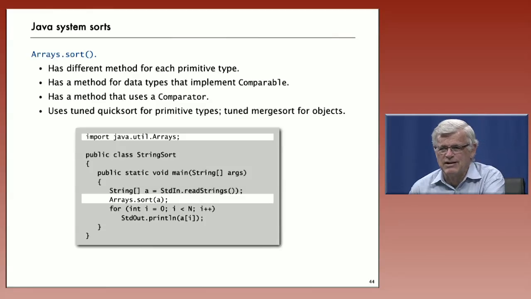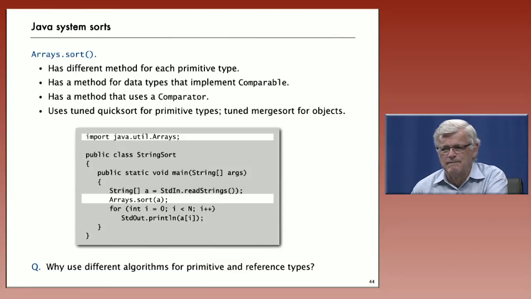To invoke Arrays.sort, you have to import the namespace from java.util.Arrays, and then all you need to do is invoke Arrays.sort. I just answered this question, why do we use different algorithms for the two types? And this is maybe arguable.